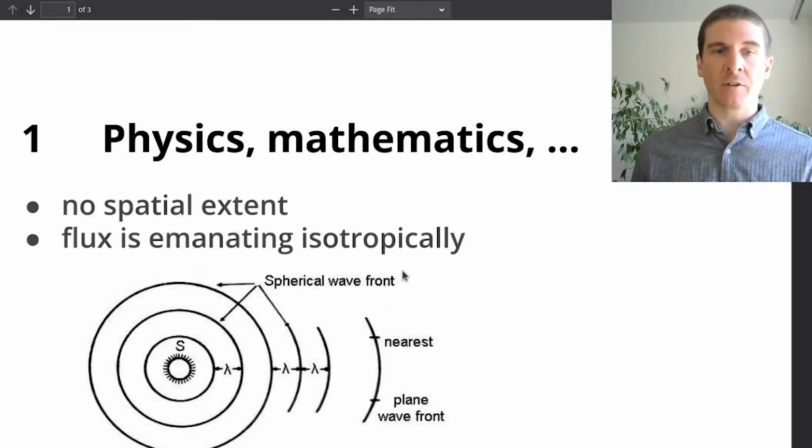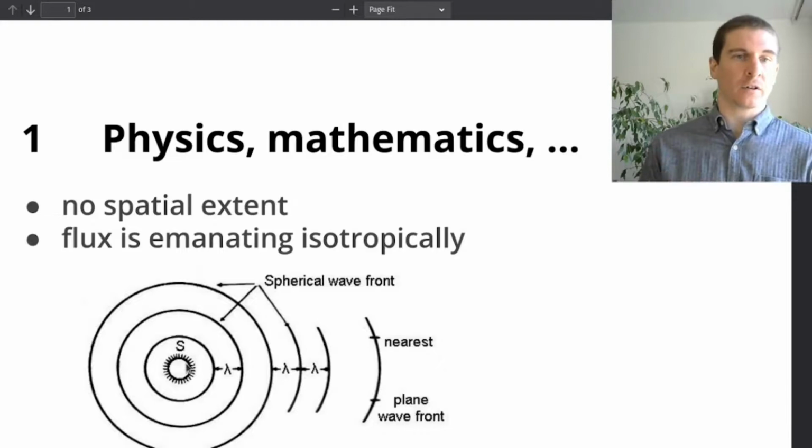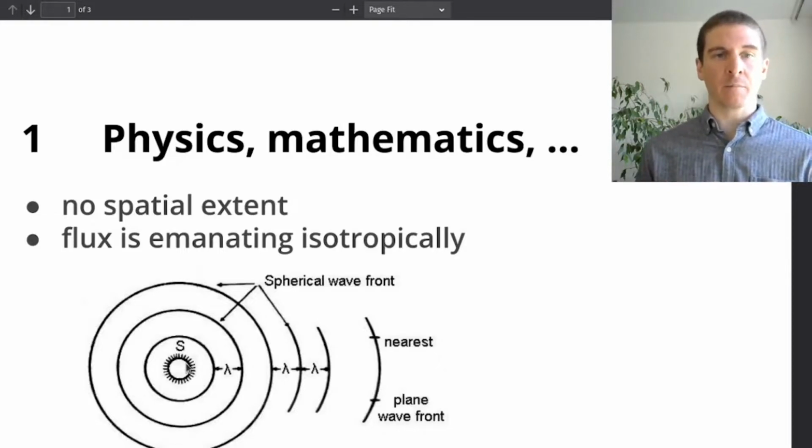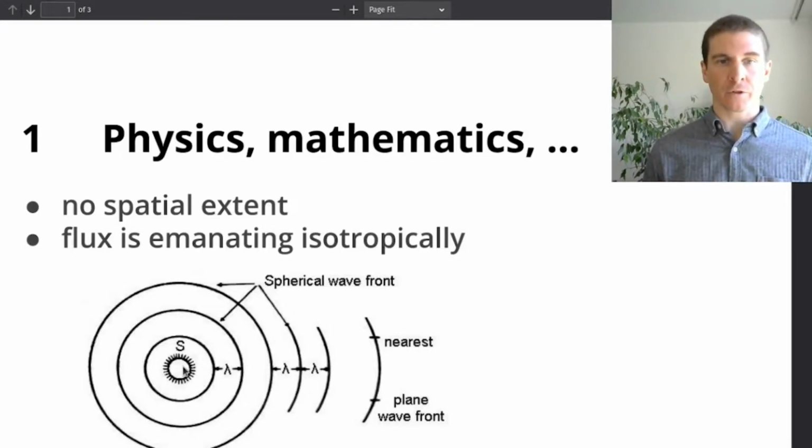The wavefronts are spheres around the source. And as we see in this graph, a real source has a spatial extent, but if the source itself is a sphere, for example, then it can be perfectly modeled with this ideal point source. At least the light which leaves the source can be perfectly modeled.